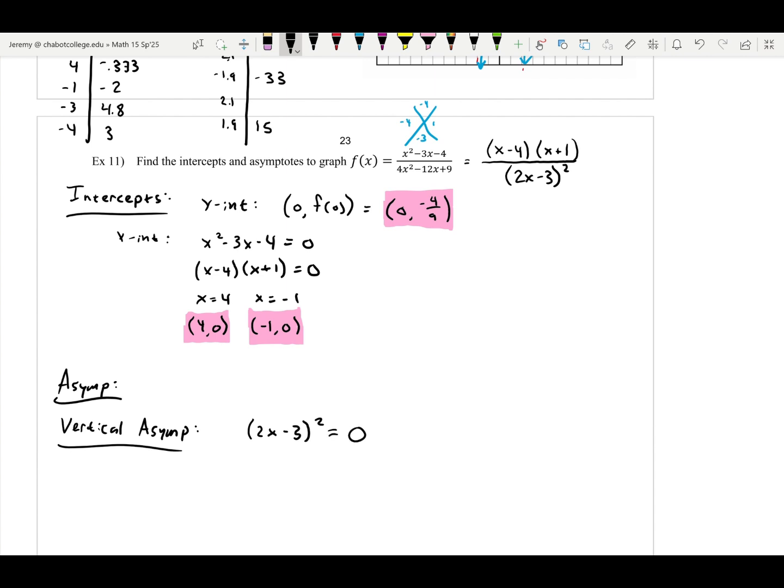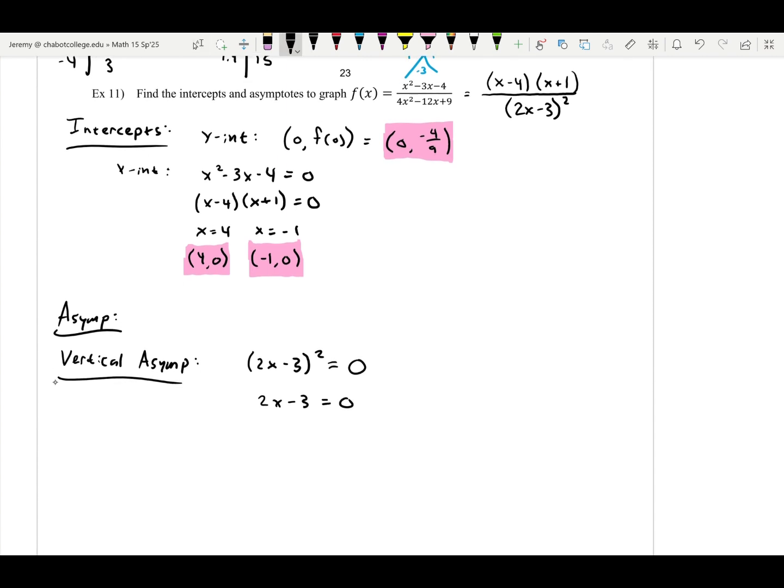And solve. I can take the square root of both sides to deal with that second power. 2x minus 3 equals 0, and I'll just solve for x. Add 3 to both sides and then divide by 2, so I have a vertical asymptote at the line x equals 3 over 2.